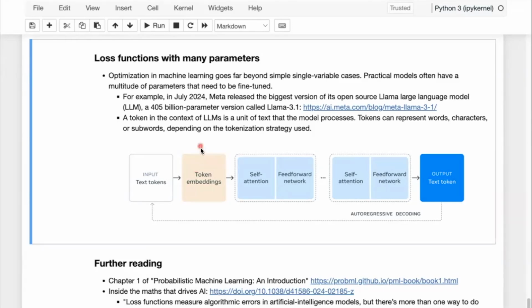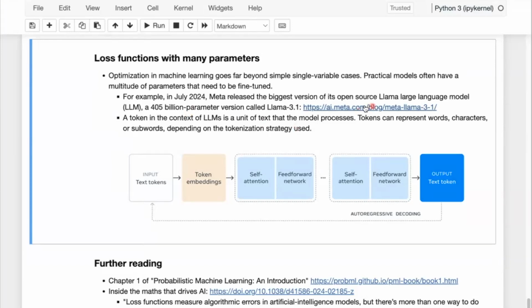One example of this is that very recently, in July of 2024, Meta, or Facebook, released their large language models, which are very hot topics these days, called Llama. And this model has 405 billion parameters. So you can see the difference, right? Right now we try to optimize one parameter, but this model has 405 billion parameters.